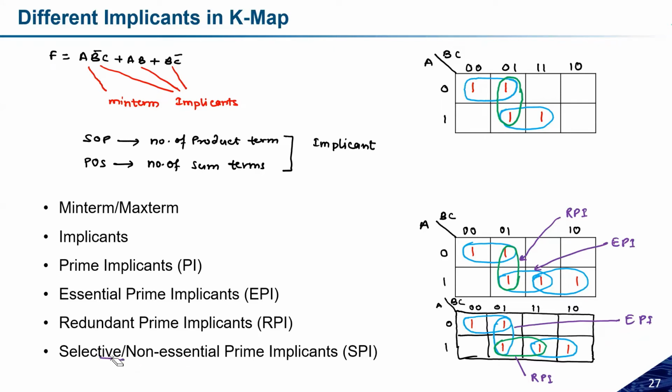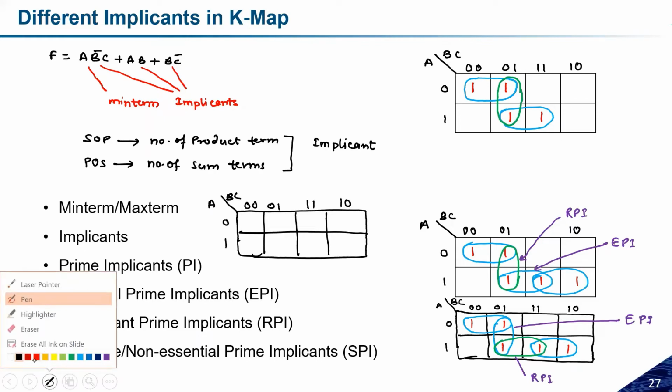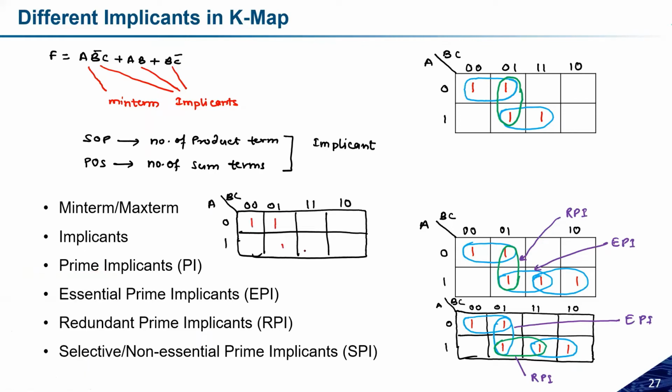If you see the first figure in detail, let me draw one more K-map to clear your doubt. So here are the possibilities. Here I have A, B, C, with the values 0, 1, 0, 0, 0, 1, 1, 1, and 1, 0, 1, 1, 1, 1, and 1.